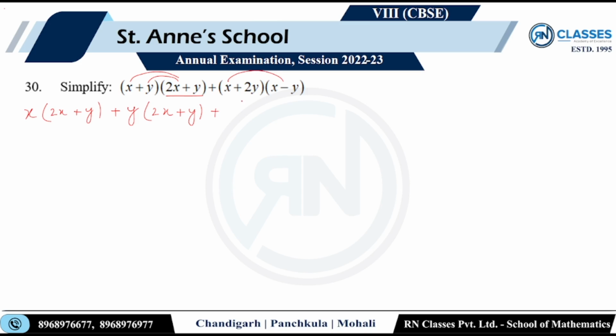Then again x is multiplied with this and 2y is again multiplied with this.